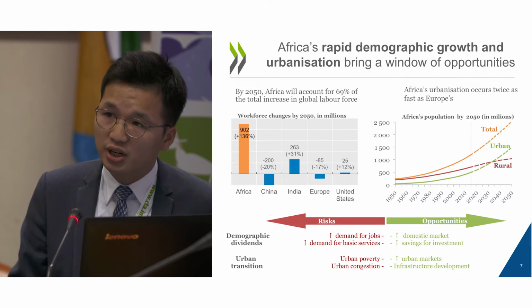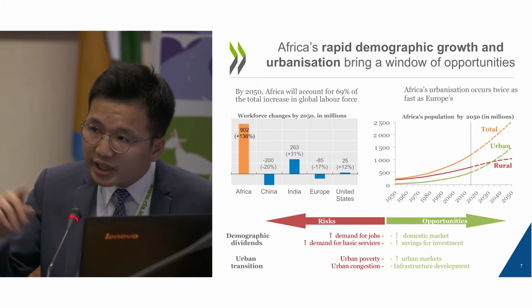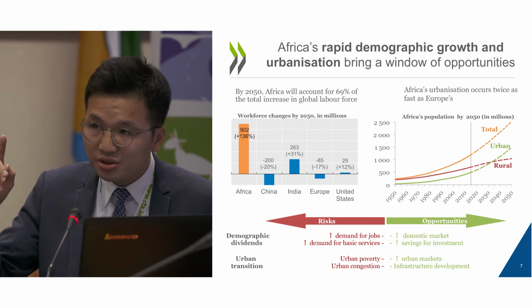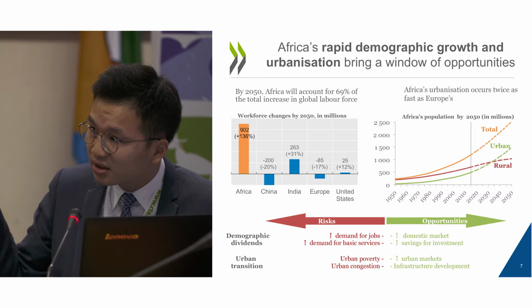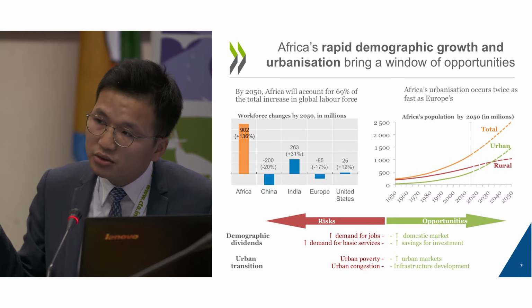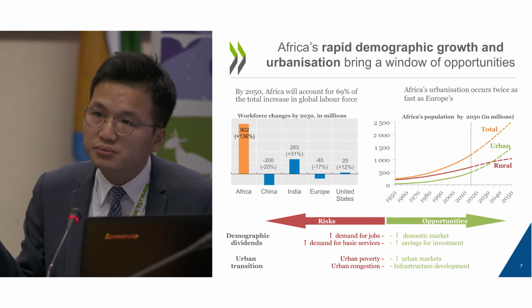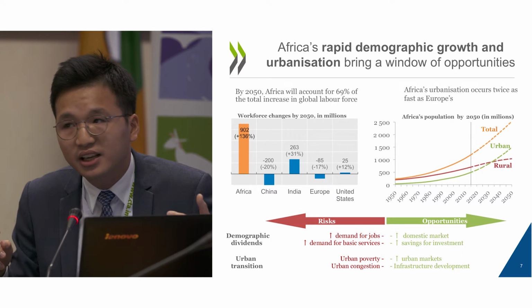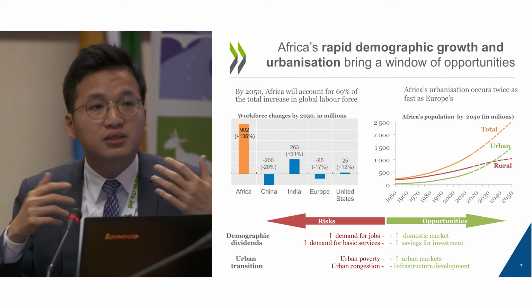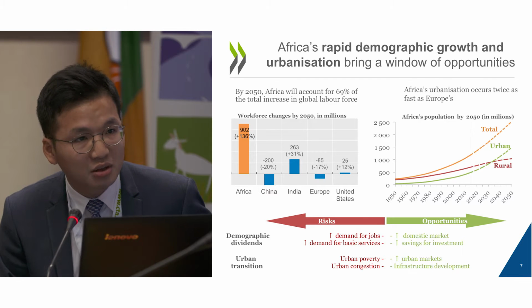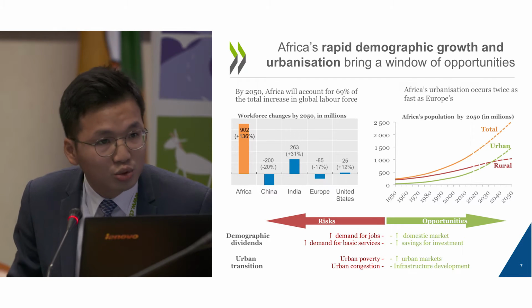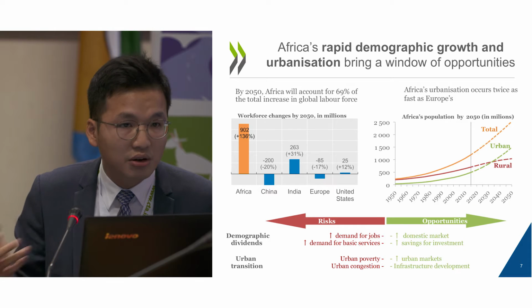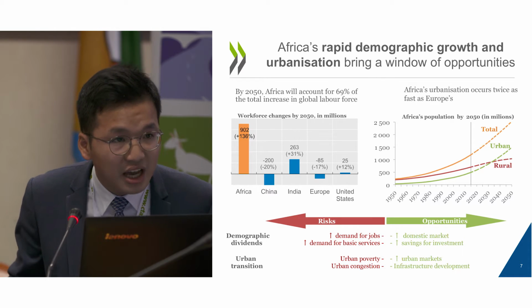But actually, if you look at the increase in urban population between 2000 and now, 2018, two thirds of that increase came from cities and towns of 500,000 or less. These are the intermediate cities I'm talking about, like Kisumu in Kenya or Arusha in Tanzania.